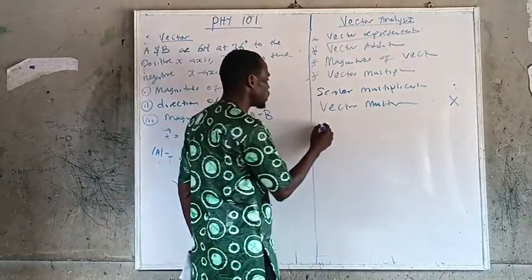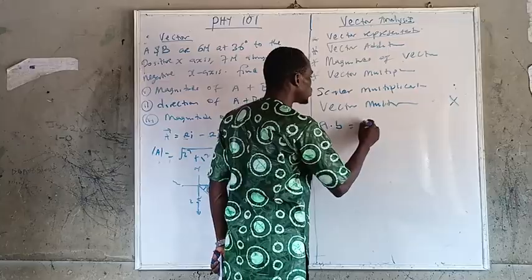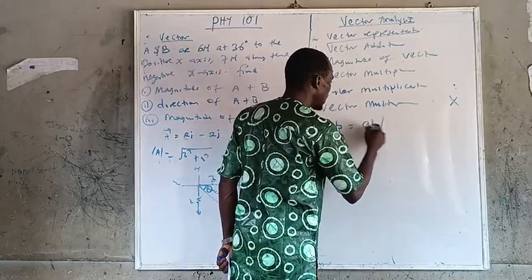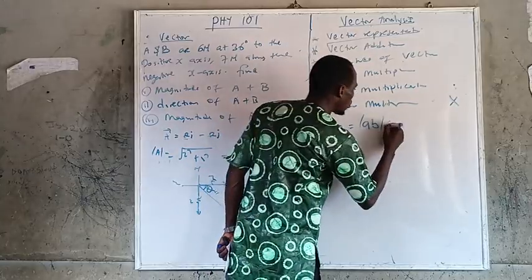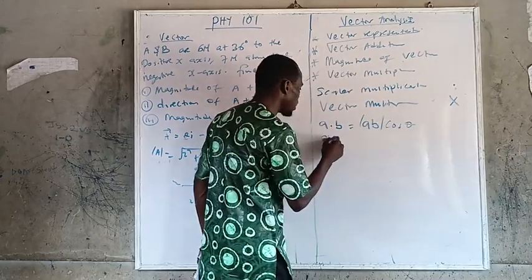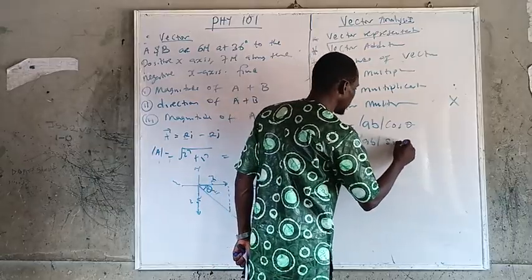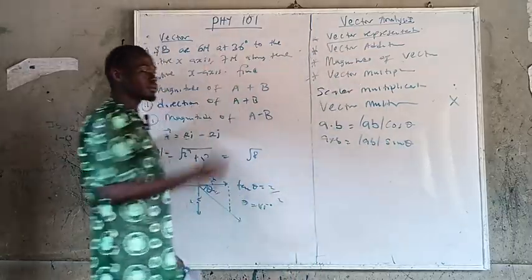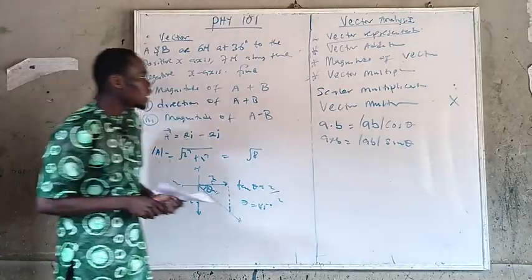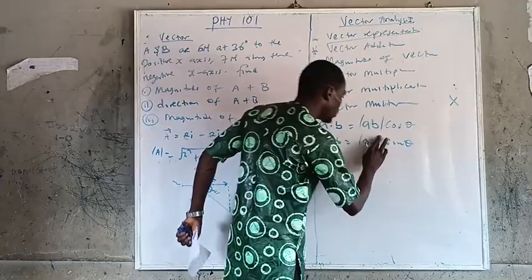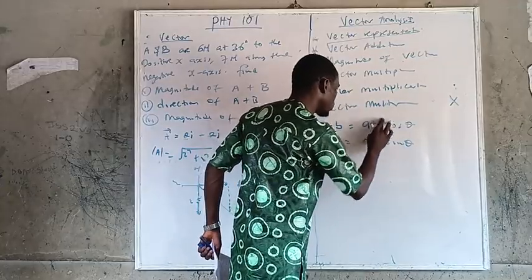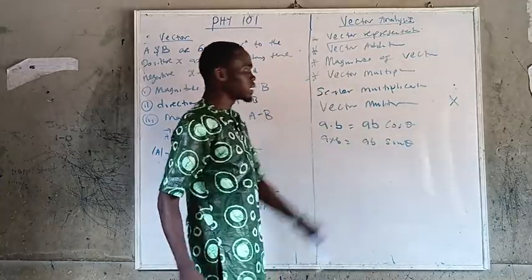Now, the basic concept is A dot B is equal to the absolute value of AB cos theta, while A cross B is equal to the absolute value of AB sin theta. So how do we do this? Now, AB cos theta, AB sin theta.